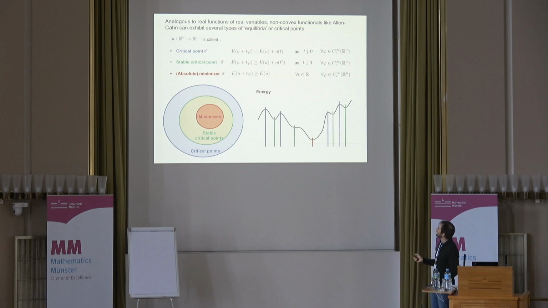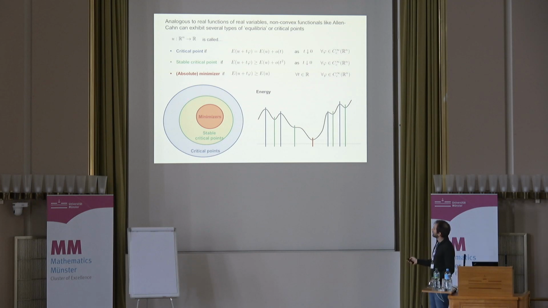But Allen-Cahn is a non-convex functional, like functions of one real variable. For a non-convex functional, you can have absolute minimizers, but you can also have local minimizers or other critical points, finite Morse index, whatever. And of course, a subset of all the critical points are stable critical points, so that are these local minimizers, and then the minimizers are just an even smaller subset, right?